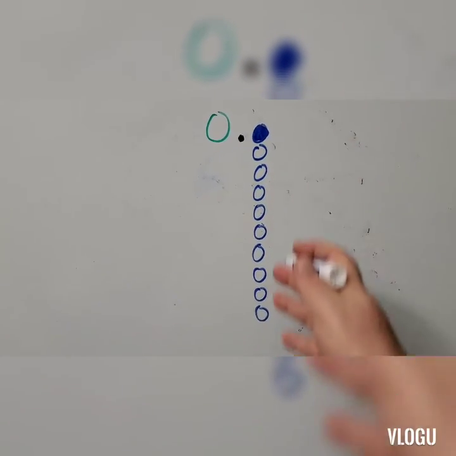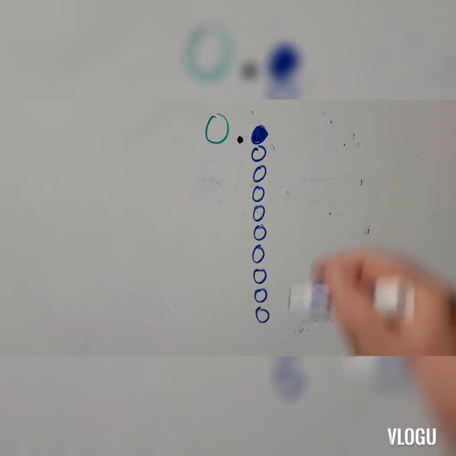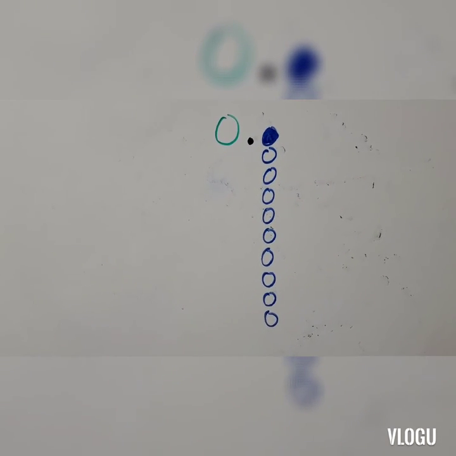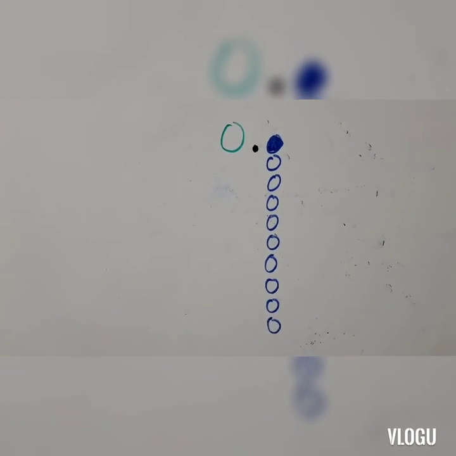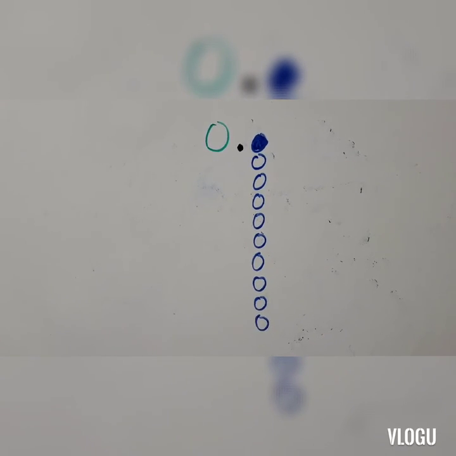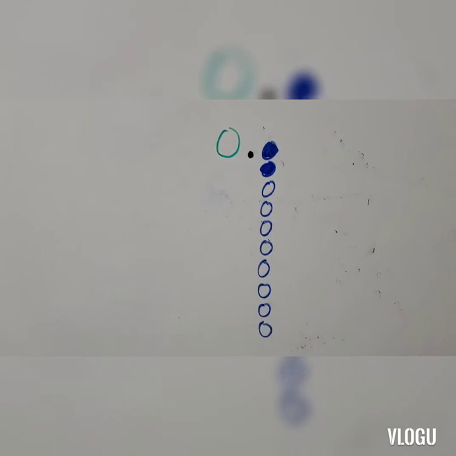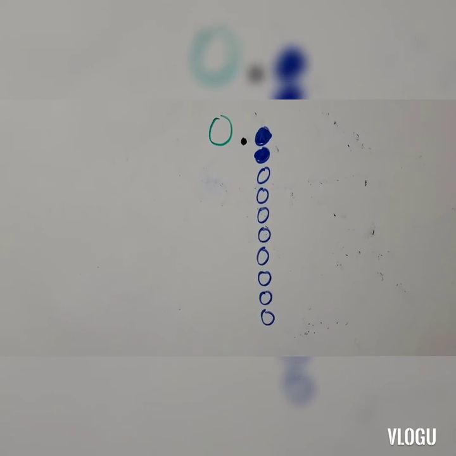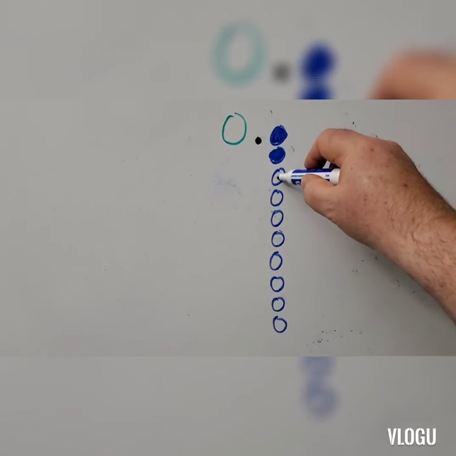If I had all of these filled, it would equal a whole. But I have 1 of them, so it would be 1/10. It would be written as 0.1.